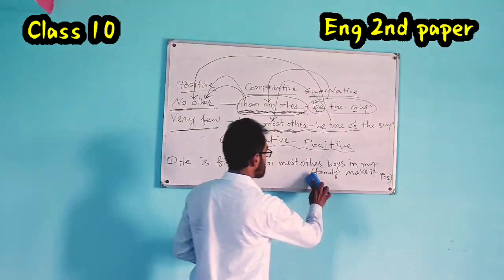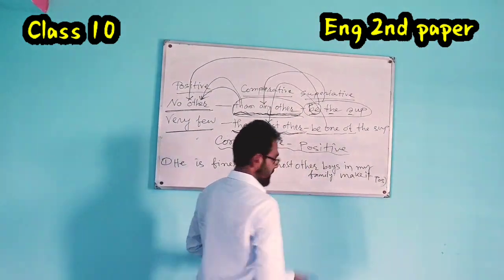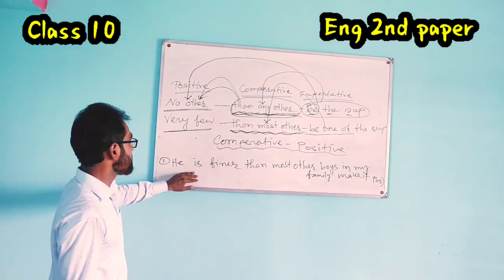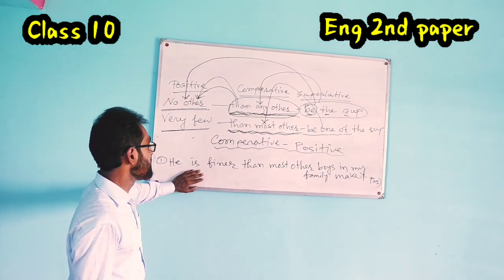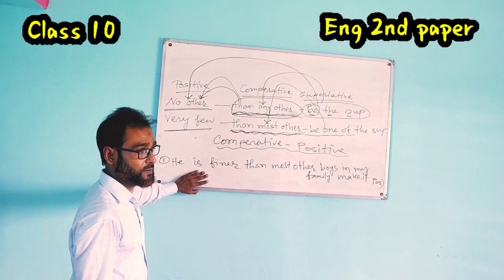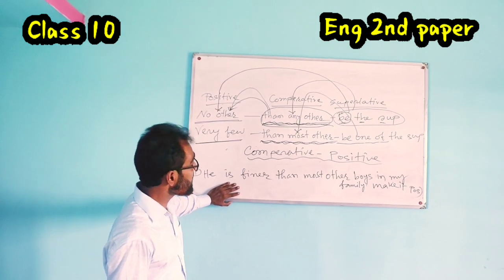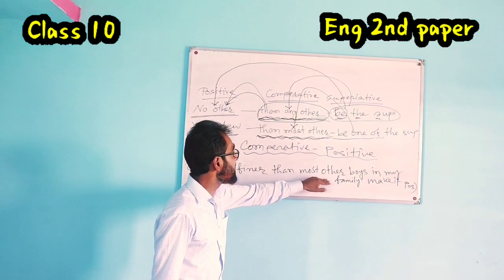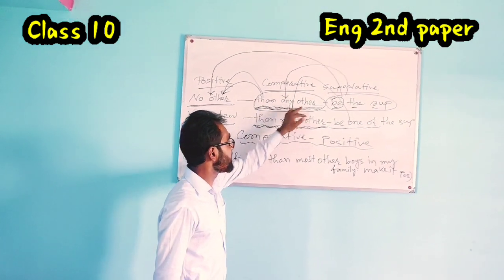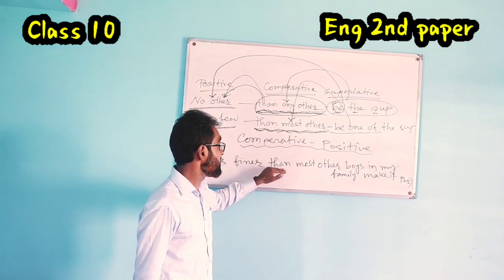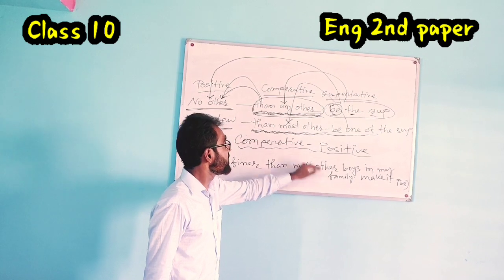Dear student, here is a sentence of comparative degree, but in our previous sentence we used than any other, and now that is something different. We used here than most other.